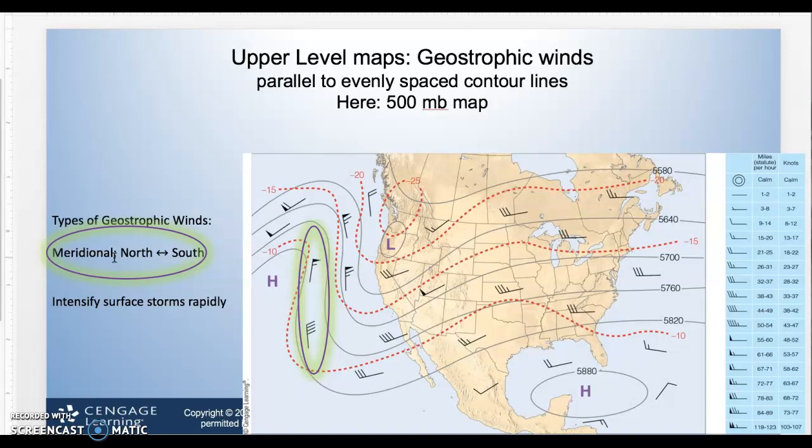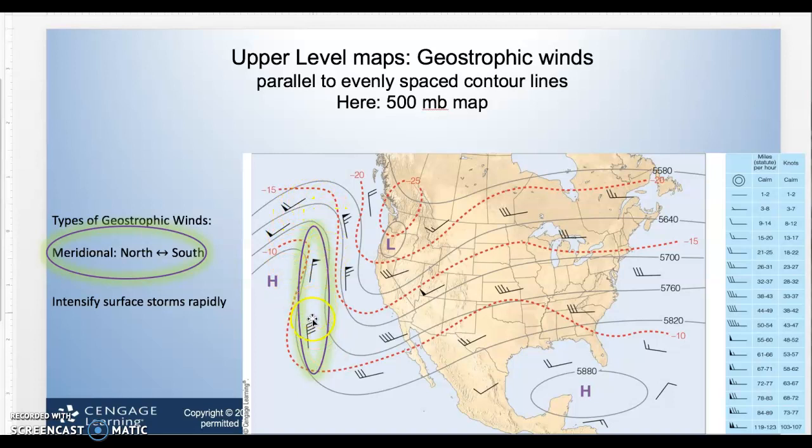They go along the direction of the longitudinal meridians. That's why they're called meridional winds. These can be very, very high-speed winds, but their movement west to east is slowed down by this north-south direction. And so they tend to stall over stormy areas and intensify stormy areas rapidly.